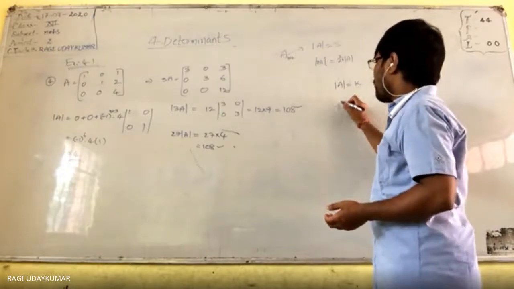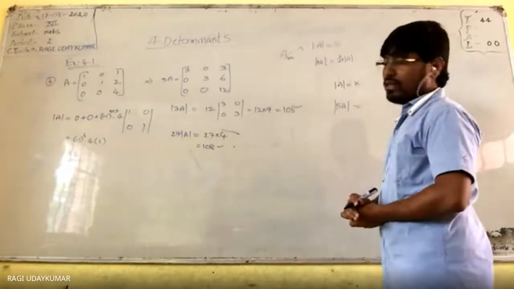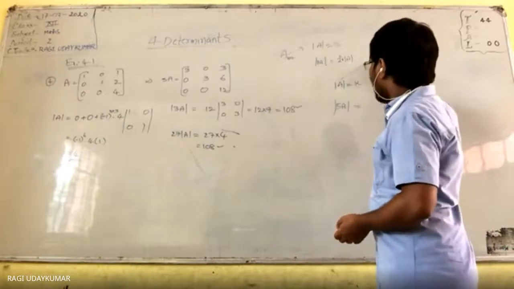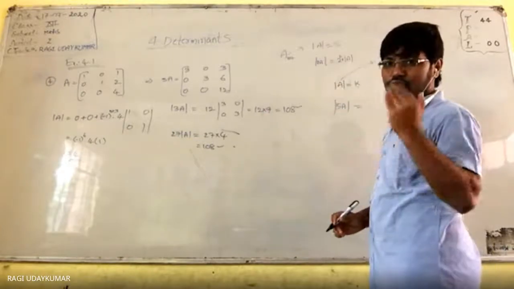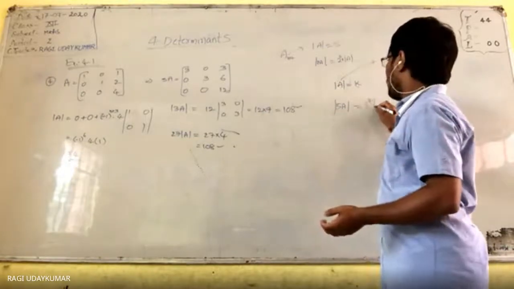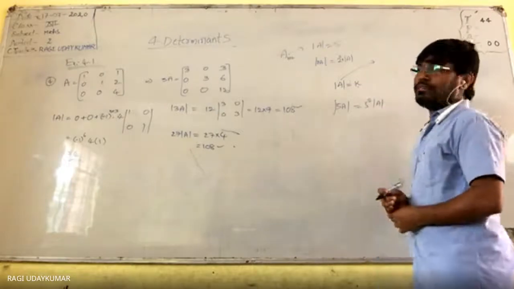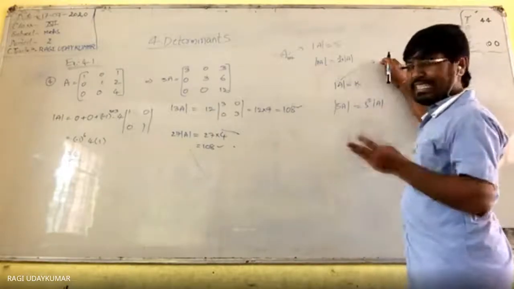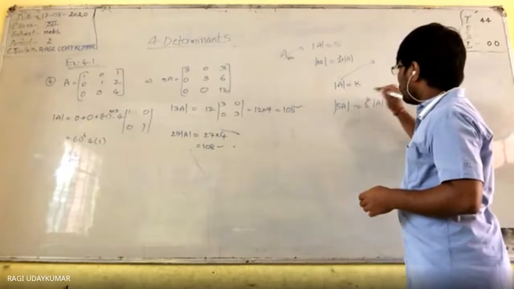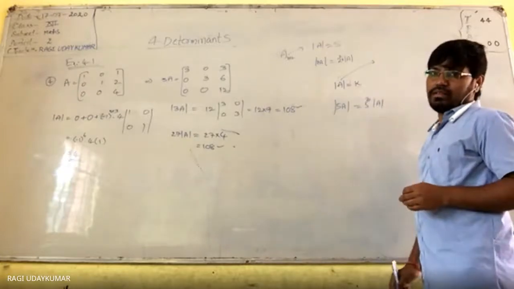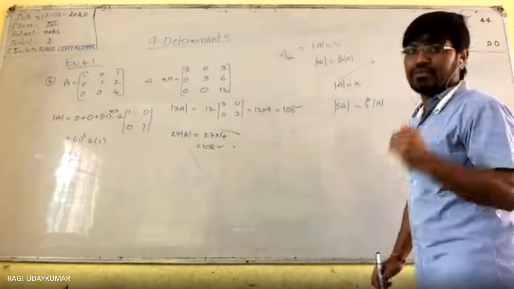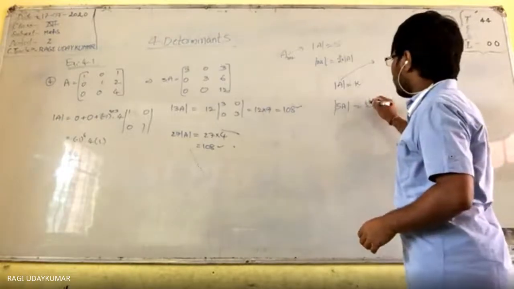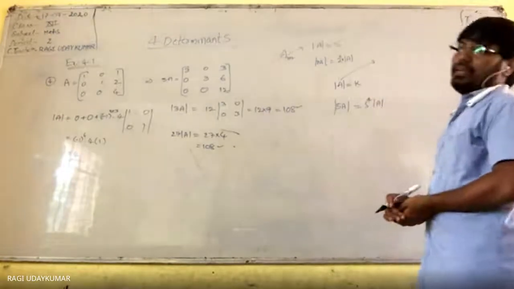And if you know the order of the matrix, if the order of the matrix is 2, it is 5 square into determinant of the matrix A. If the order of the matrix is 3, 5 cube into determinant of the matrix A. If the order of the matrix is 4, 5 power 4 into determinant of the matrix A.